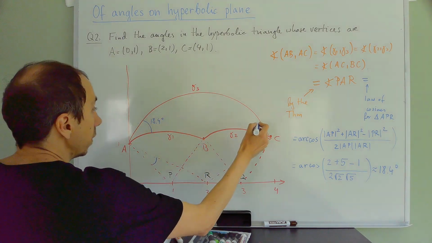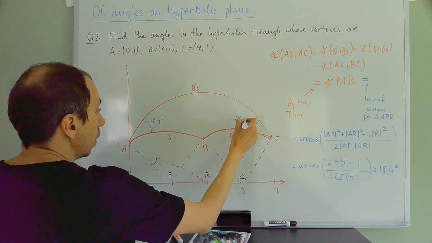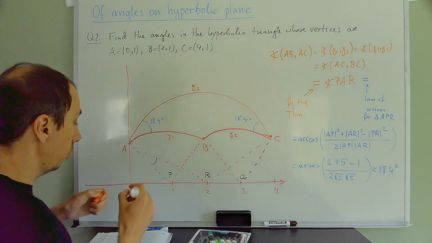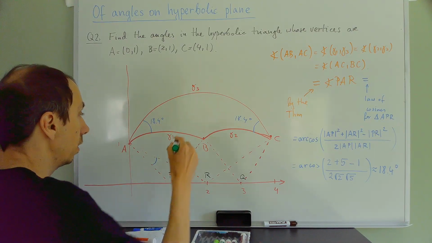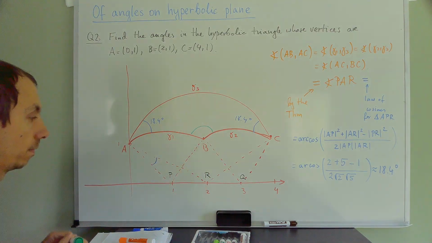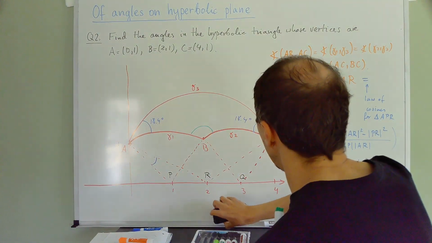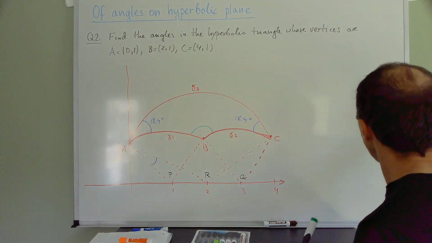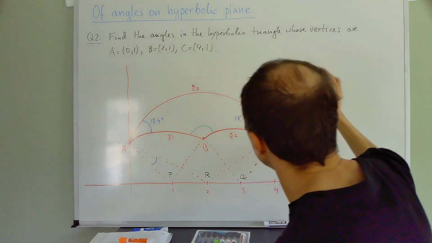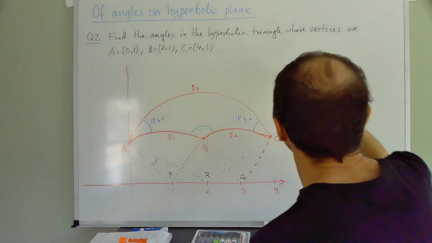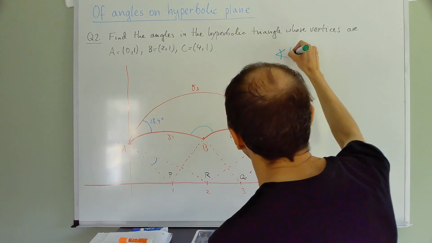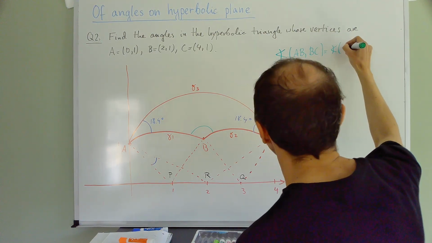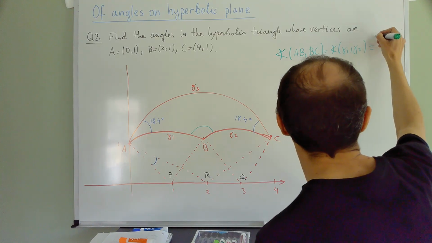So what remains to be found is the last angle, namely this one over here. For the angle between AB and BC, which is the angle between the geodesics gamma 1 and gamma 2, we again use the theorem.